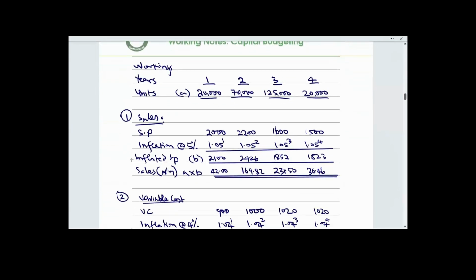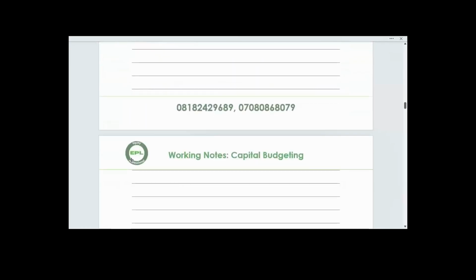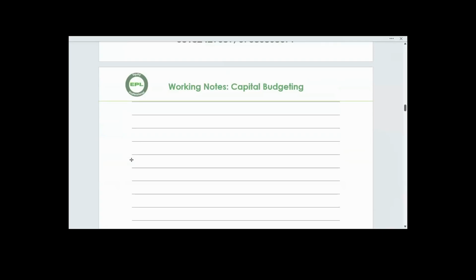Remember, the tax saved on capital allowance must follow the pattern of your tax liability. Your tax liability is 1 year in arrears, then your tax saved on capital allowance must also be 1 year in arrears. So here I want to calculate tax saved on capital allowance.